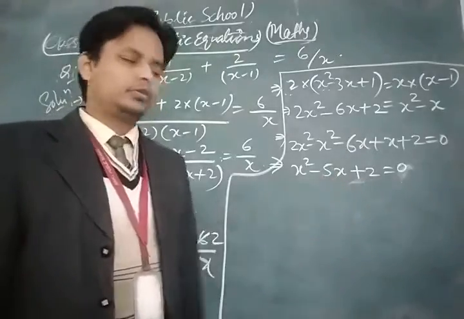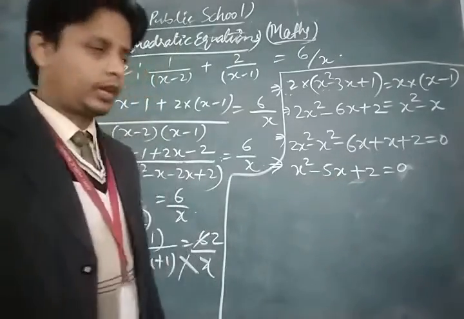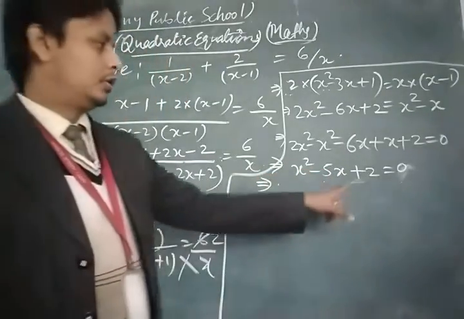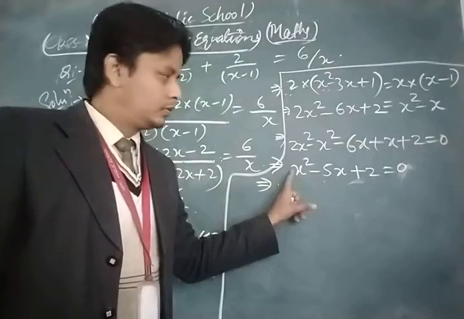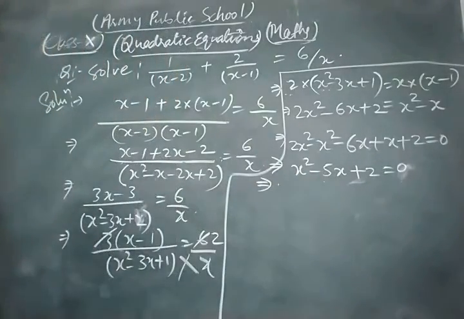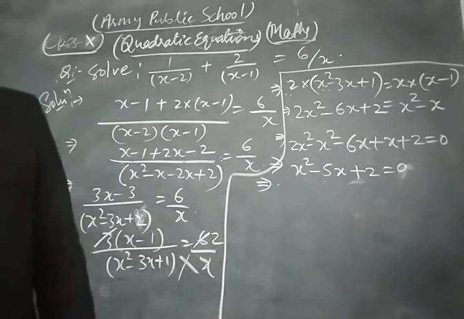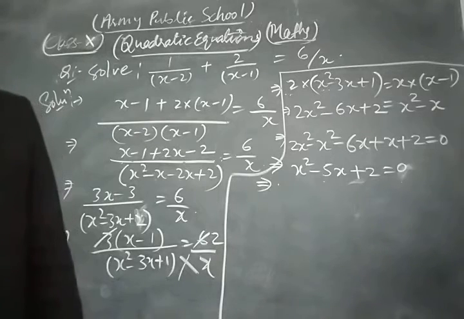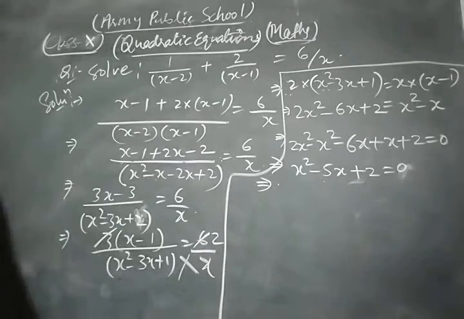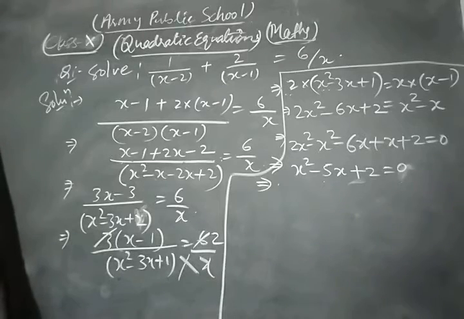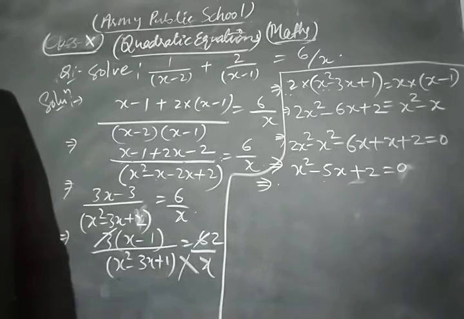Now we do their factorization by the method of splitting the middle term. Now look, 2 1s are 2. That is 2 into x minus 2 is there.